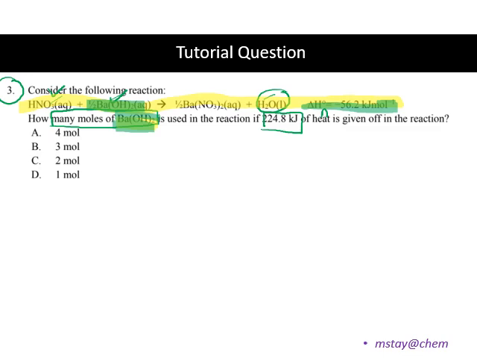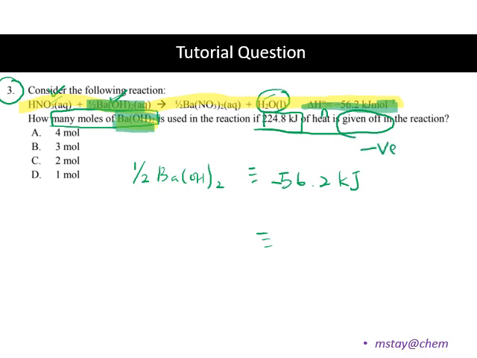According to the thermochemical equation, 0.5 mole of barium hydroxide releases negative 56.2 kilojoules. Now 224.8 kilojoules is given off, also negative.